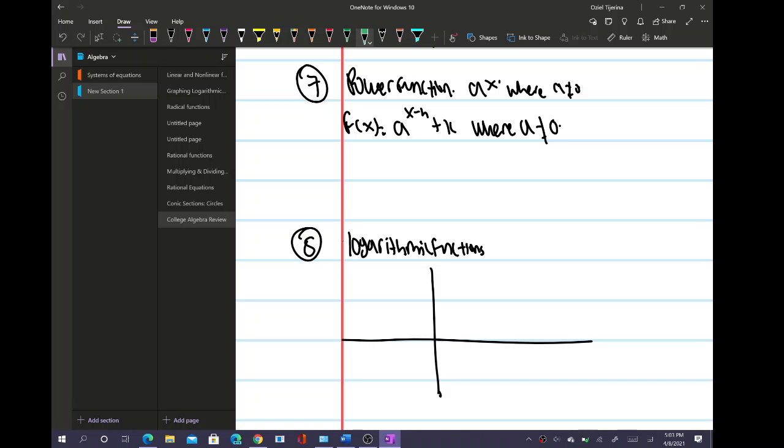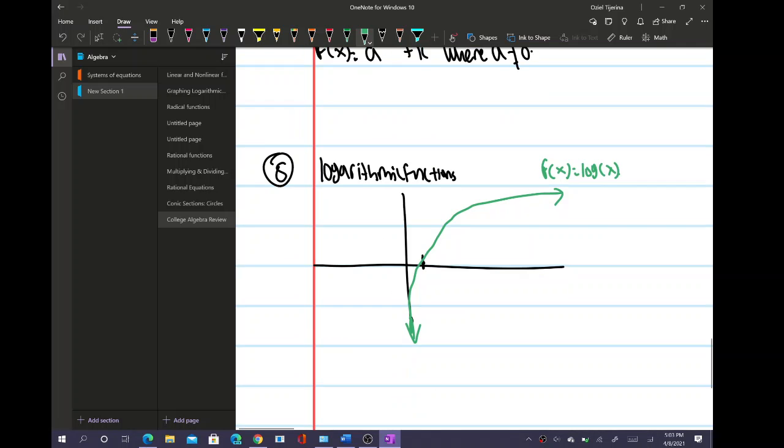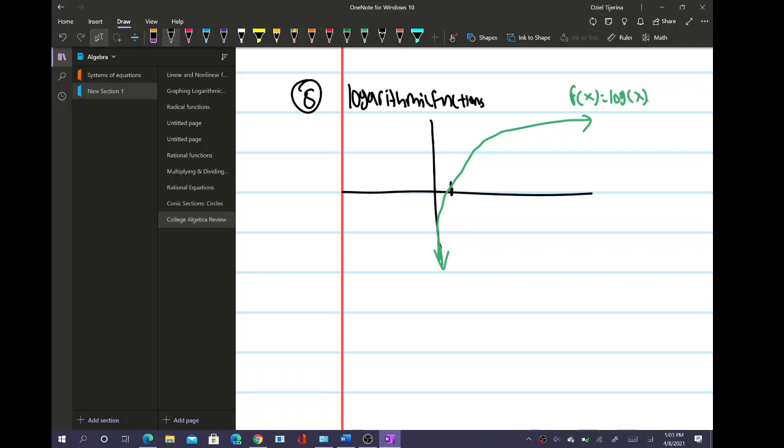I'm going to color code really quick. This is a logarithmic function. This one is f of x equals log of x. Now there's this one, and then there's also number 9, the natural log function.